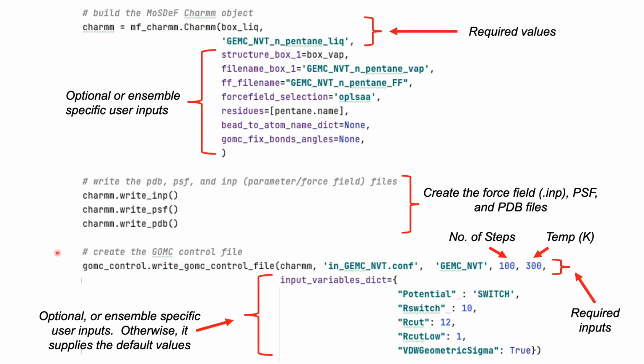And then lastly, we want to create the GOMC control file, which is done by selecting the charm object, whatever we want to name it. And then the ensemble type, there's only certain ensemble types, which you can see, number of steps, and the temperature in Kelvin. And then the options that we want to use here, I want to use the switch potential, and then here are the variables that change in the switch potential.